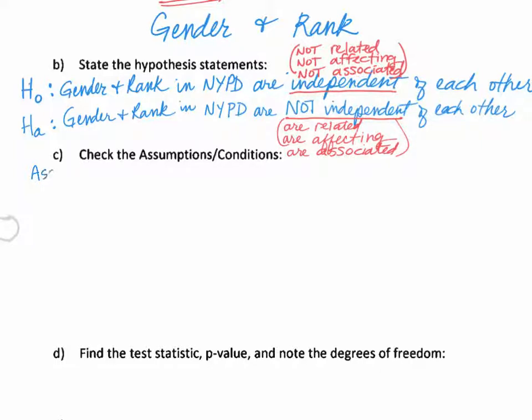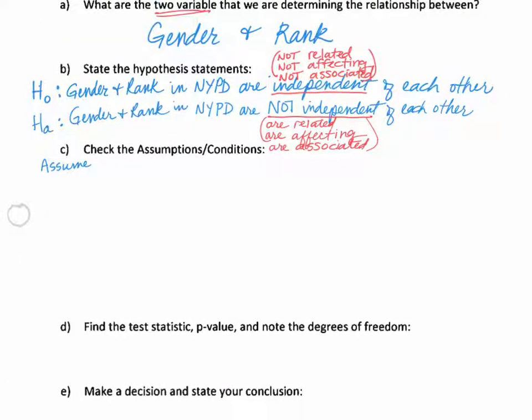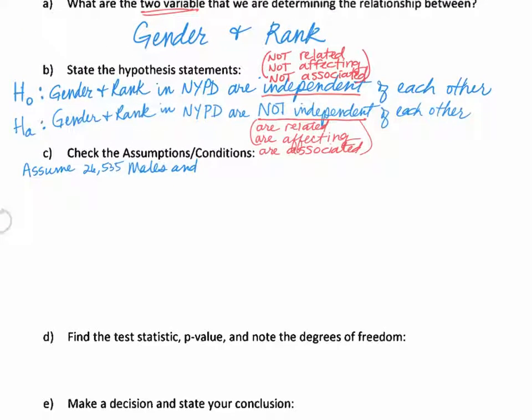So I'm going to assume that whatever the male and female numbers are, 26,535 males and 5,109 females are randomly selected.